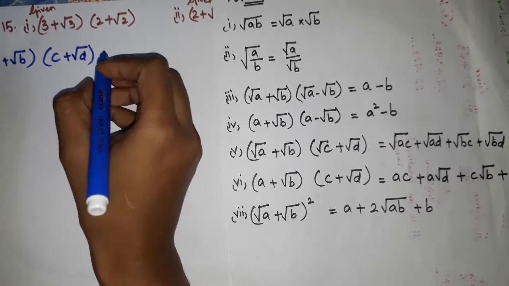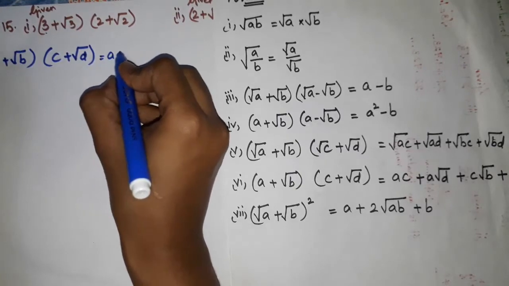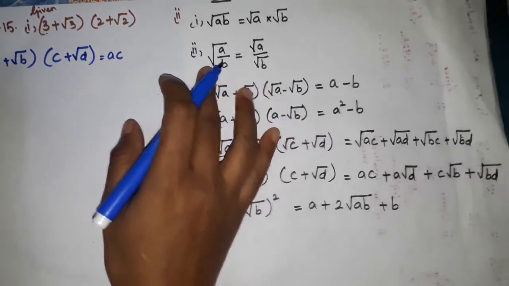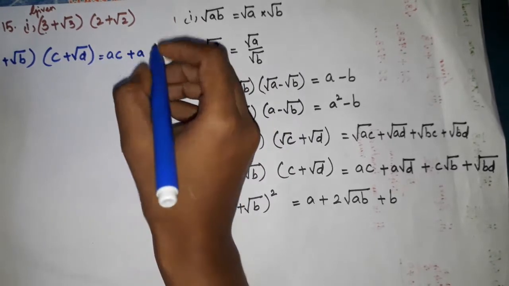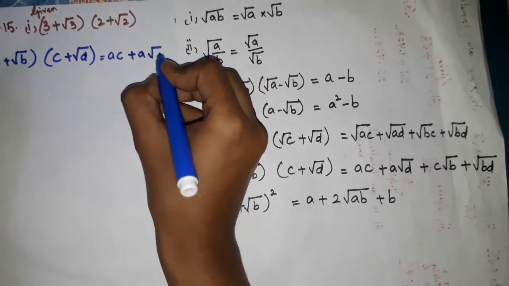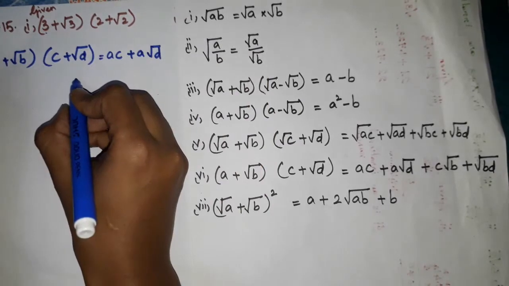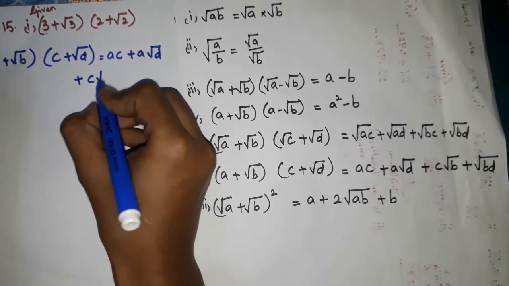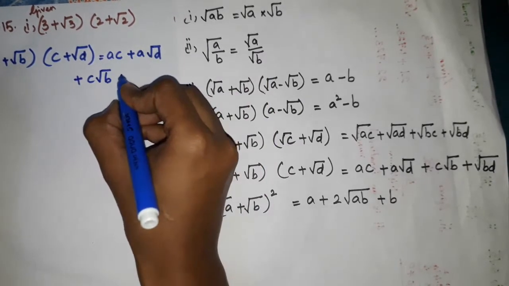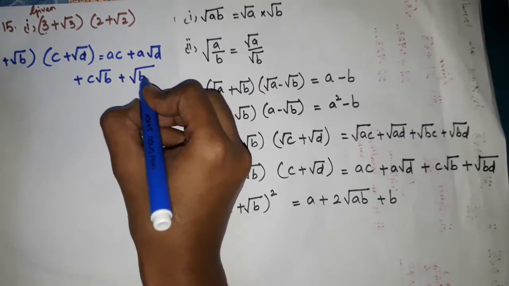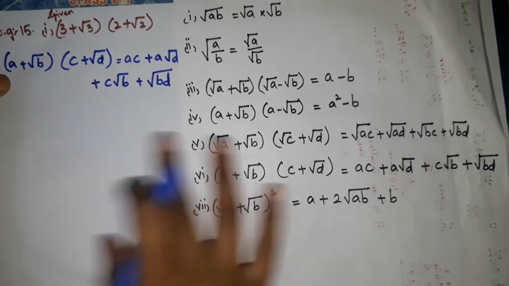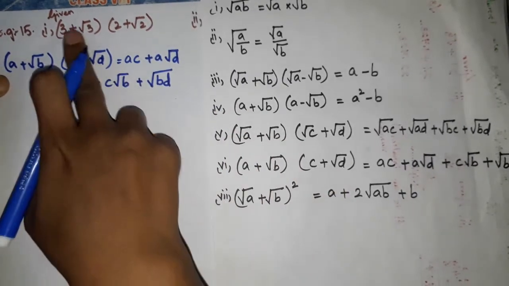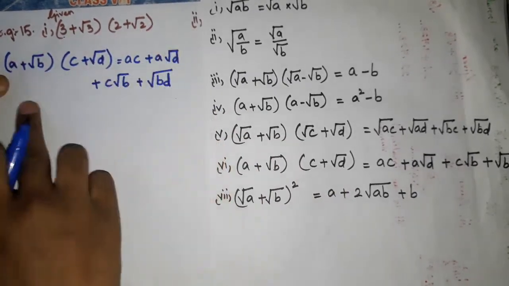What is the answer? ac plus a root d plus c root b plus root bd, okay? This complete question is related to this formula.